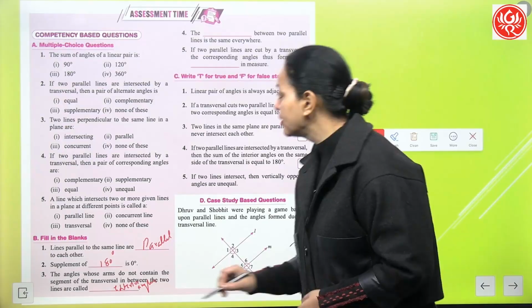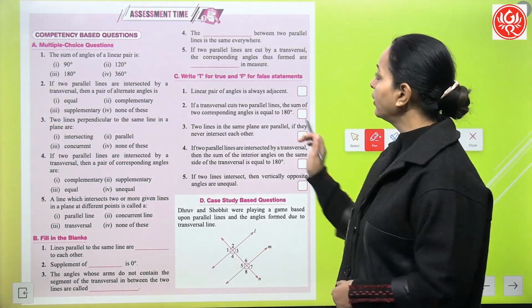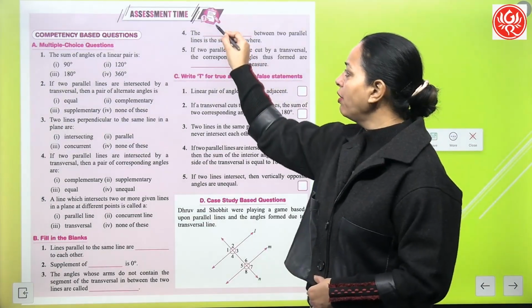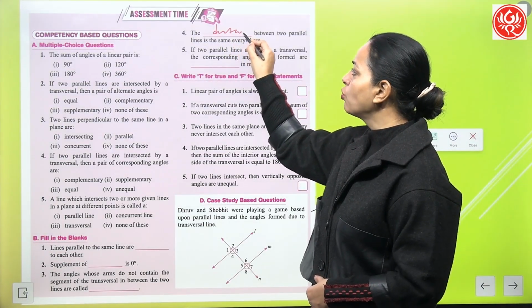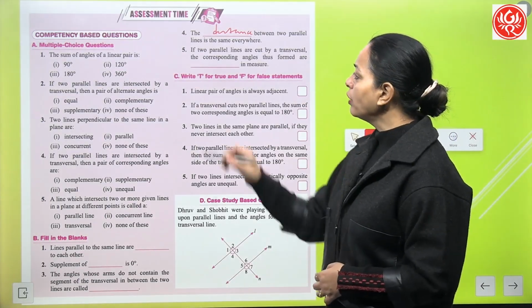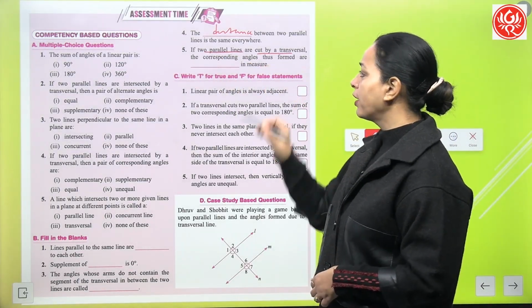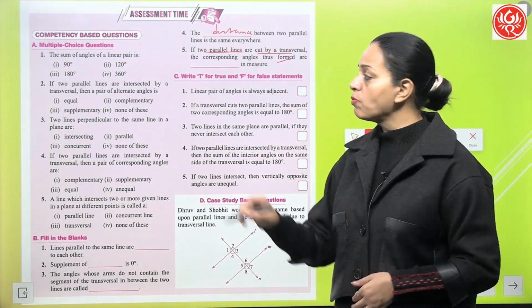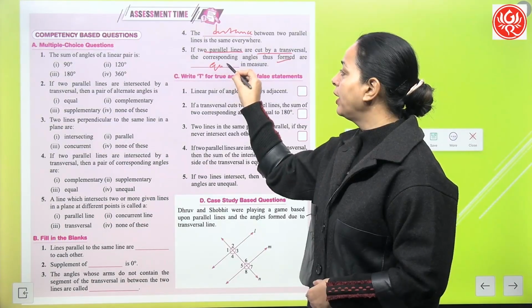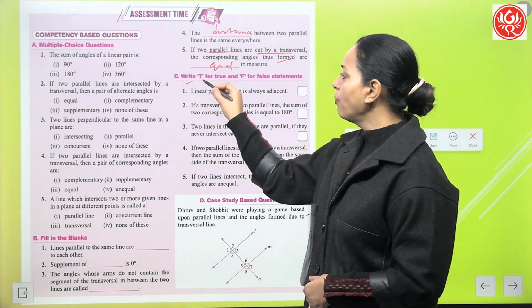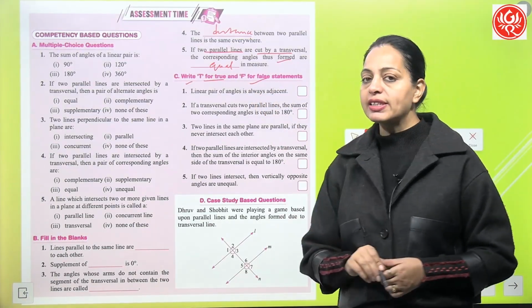Exterior angles. Now the fourth one, the dash between two parallel lines is the same everywhere. The distance between two parallel lines is the same. The fifth one, if two parallel lines are cut by a transversal, the corresponding angles thus formed are equal in measure, right?